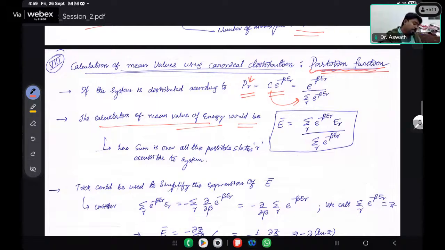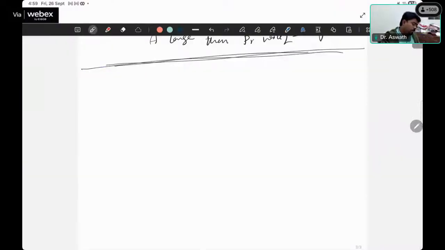How? We just take E_r multiplying inside the expansion. So let's use an example to understand what is being done in finding a mean. For example, let's say I have 10 students. Student 1 is, let's say, 5 feet.